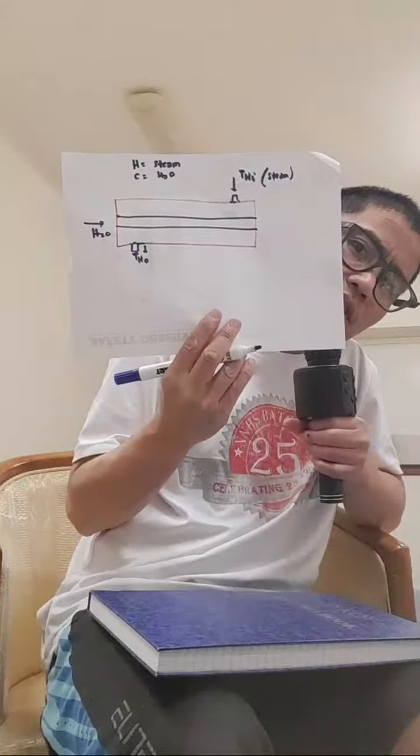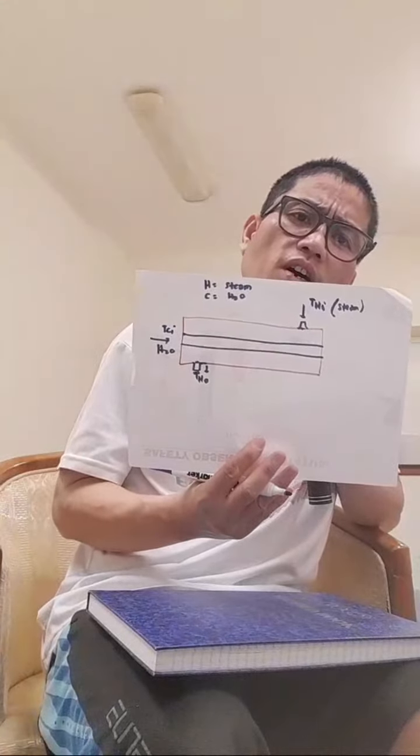And then we have water coming in this direction. It has a temperature of TCI, meaning the inlet temperature of the water, because we designate water as C. And then we have the outlet temperature of water, which is TCO.